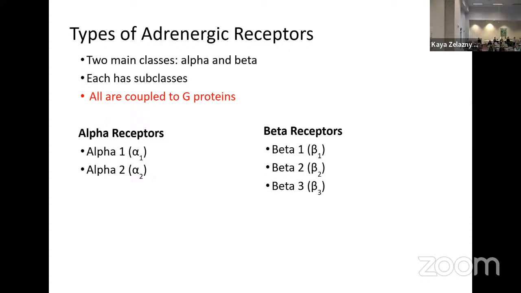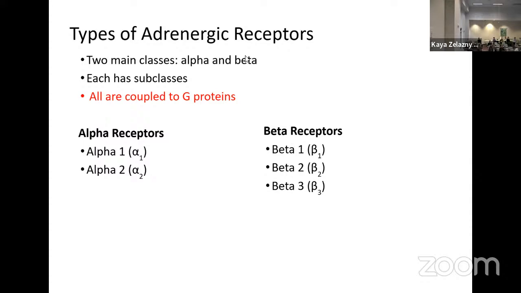For the endpoints, the effector organs for the parasympathetics, we had some muscarinic cholinergic receptors that are linked to G proteins, but they're like the metabotropic receptors we talked about last time. So we've got a little more variation about what's going on inside the cell because we're linking up with other cellular systems. For adrenergic receptors, we got 5 kinds.